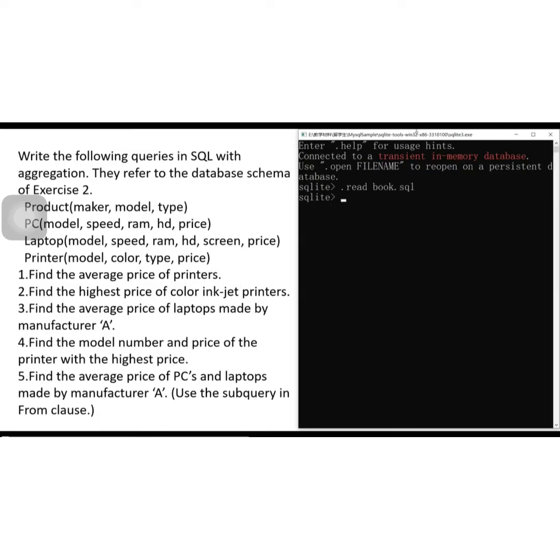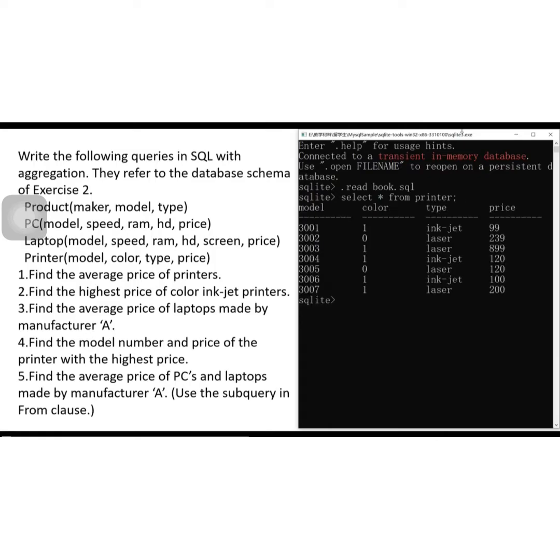Okay, now let's find all the information from printers. Okay, now we'll find all these prices. And now we'll find the average prices. So we'll compute the aggregation.